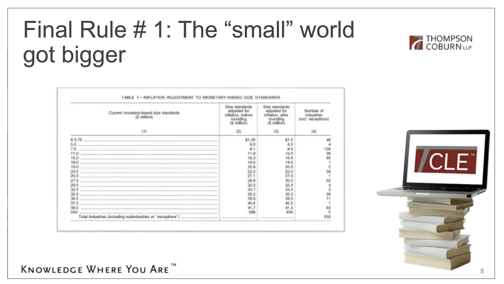So a lot of companies that used to have a $7.5 million standard are now finding themselves at $8 million, and similarly, a lot of companies used to be under a $15 million size standard and are now at a $16.5 million size standard. So again, this is a chart showing all of the moves that were made as far as the monetary-based size standards and where they are now and the number of industries that are impacted.